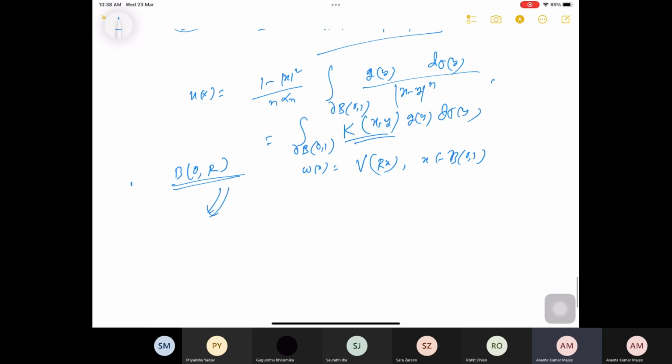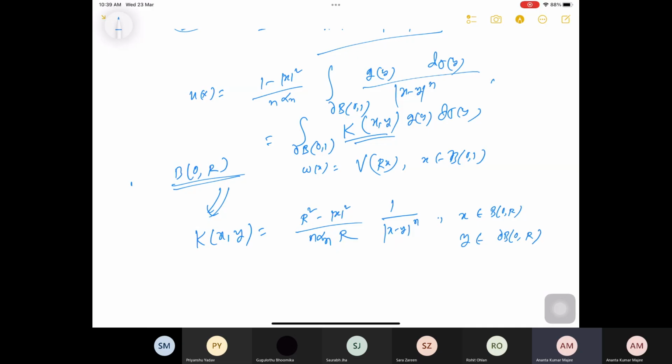So in this case, for the ball of 0, r, my Poisson kernel k of x, y should look like r square minus mod x square over n alpha n times r, and then I have 1 over mod x minus y to the power n. So what is your x? x belongs to the ball of 0, r, and y belongs to your dou B of 0, r.